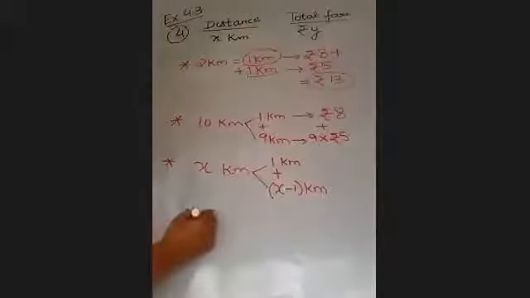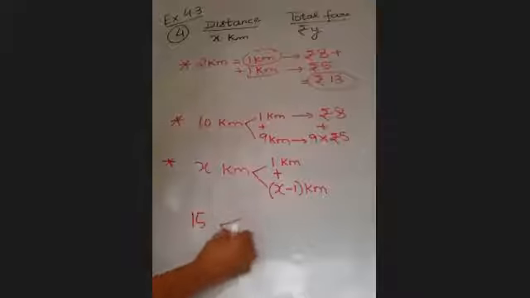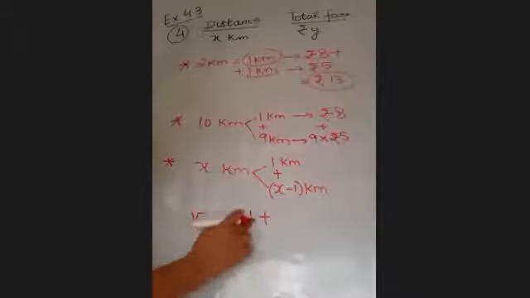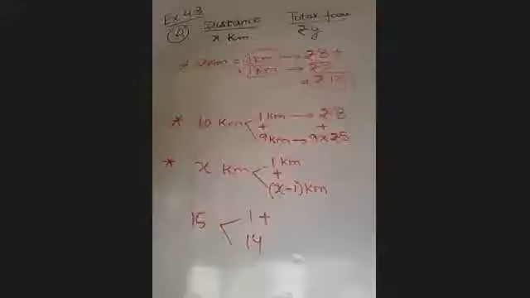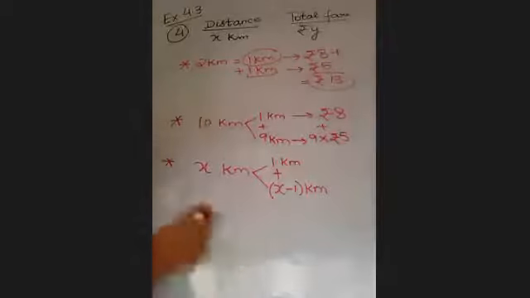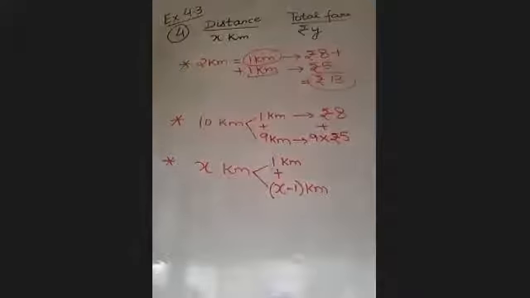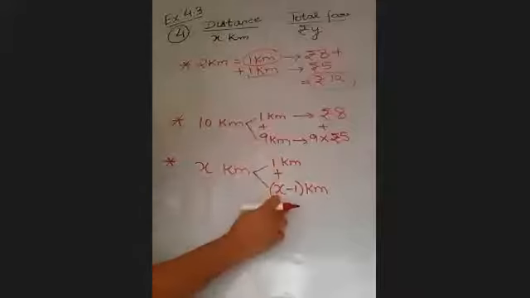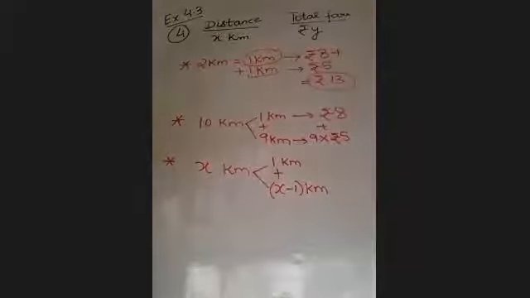Suppose this X is 15 kilometers. How will you divide it? 1 kilometer plus 15 minus 1, 14. Right? So I do not know what the value of this X is. So X kilometers will be divided as 1 kilometer plus X minus 1 kilometers.